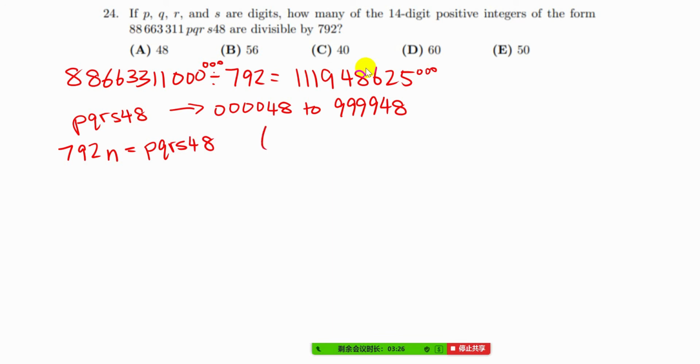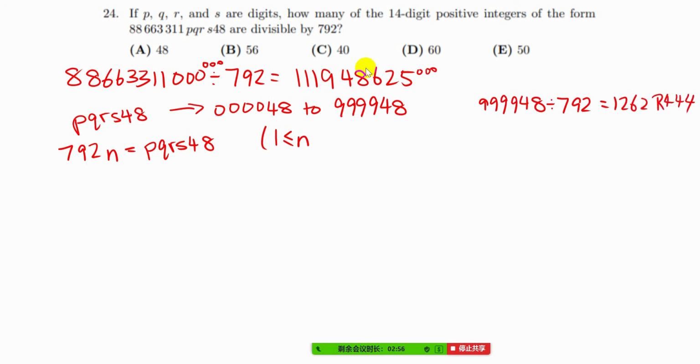So the smallest value for n would be 1, because 1 times 792 would equal 792, and it is in between 48 and 999948. And then we need to see what the biggest n would be. We would do 999948 divided by 792. This would equal 1262, remainder 444.